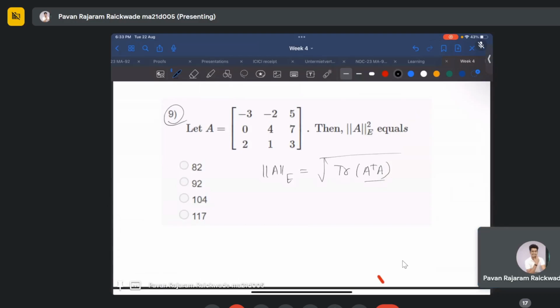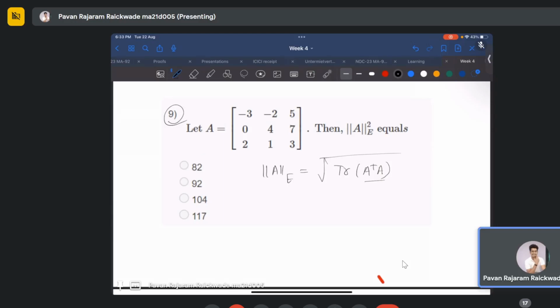Sir, we can find this by finding eigenvalues of A, and the eigenvalues of A and A transpose are the same. Yeah, but how do you get the trace of A transpose A? Then we can multiply. No, no, no. This is not the case.